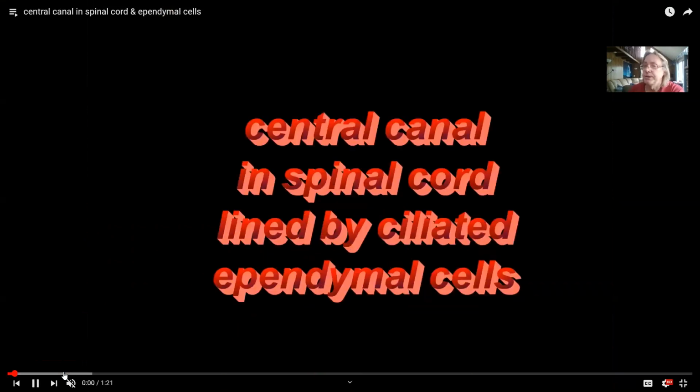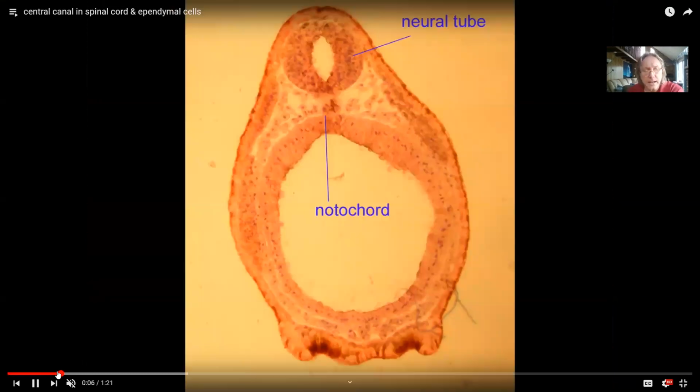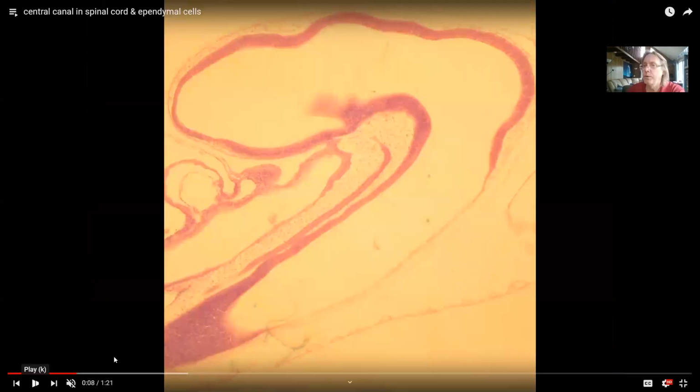Then just lining this central canal is a type of glial cell. There is a supporting cell type in the nervous system, in addition to neurons, known as glia, that perform a number of roles. One set has cilia that helps to create a current in the cerebrospinal fluid.